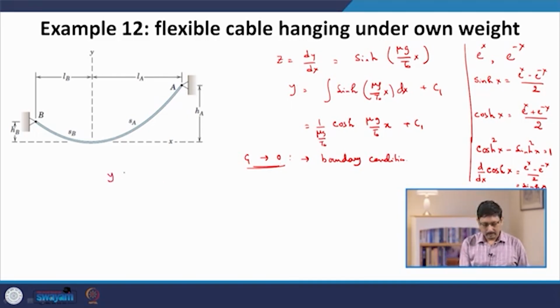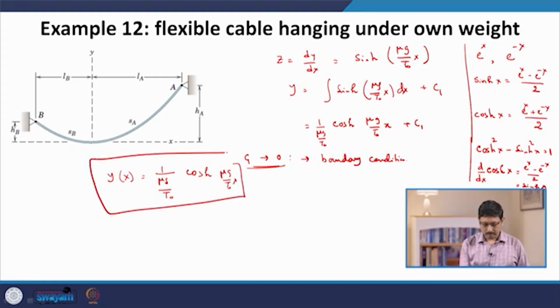Then we get that y(x) is equal to this. So this is the equation that determines the shape of a massive cable without any other extra load. The question is that this equation looks very different from the parabolic equation that we found for a massless cable, but let us see whether this is really different or not.